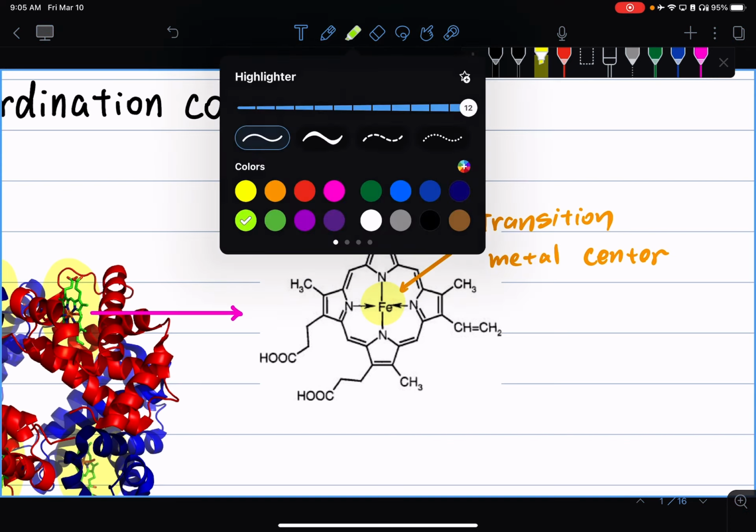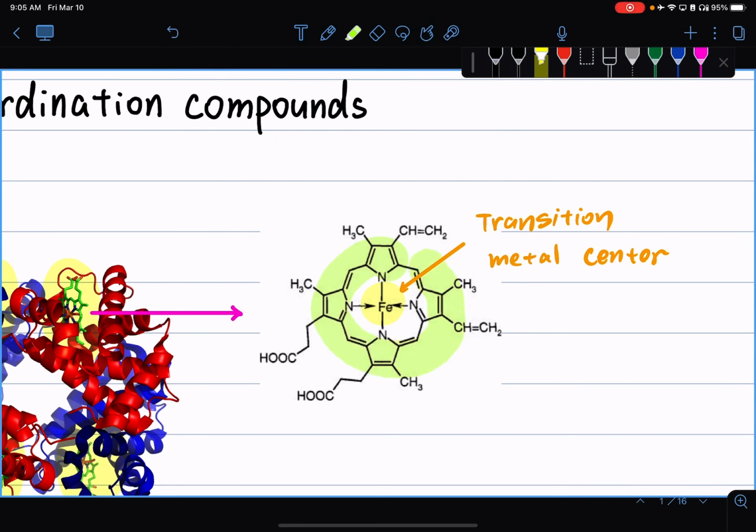And then surrounding that transition metal center, these are commonly called ligands that are binding to a transition metal center. So in the real world, what happens is oxygen can bind onto the iron center, and then with that oxygen binding, the hemoglobin protein is carrying oxygen in your blood and gives that oxygen to wherever your body needs it.